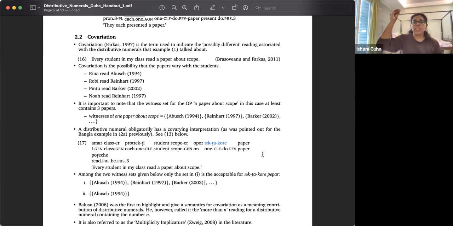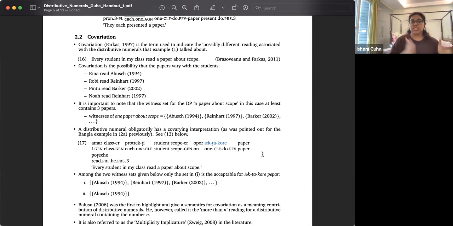All it means is that the meaning of a paper about scope has, as part of its meaning contribution, a host of papers about scope. So it must have several papers in its meaning.